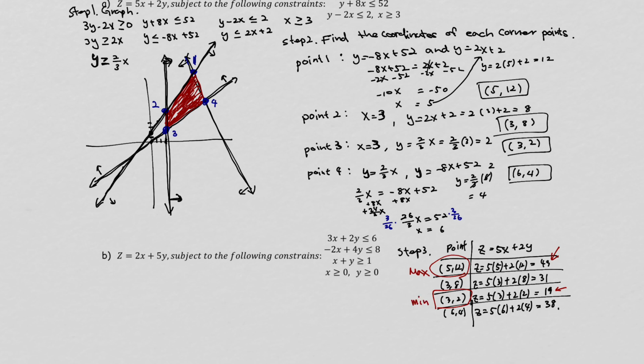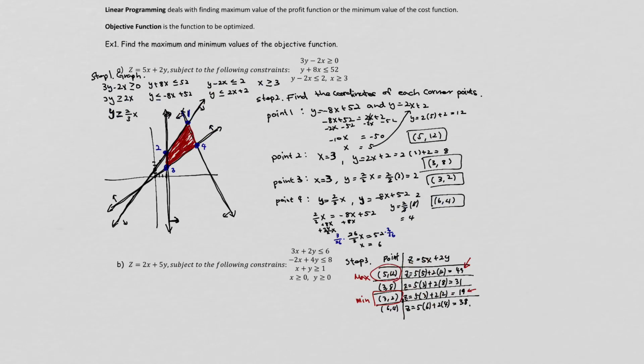So it depends on what type of word problem you're going to use. If it's profit, then you want to pick the maximum. If it's cost, then you want to pick the minimum. So that's how you're going to use linear programming to solve problems like this.